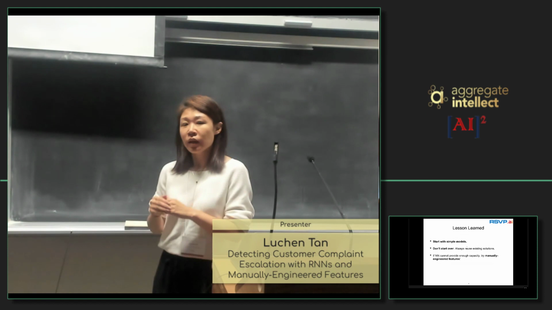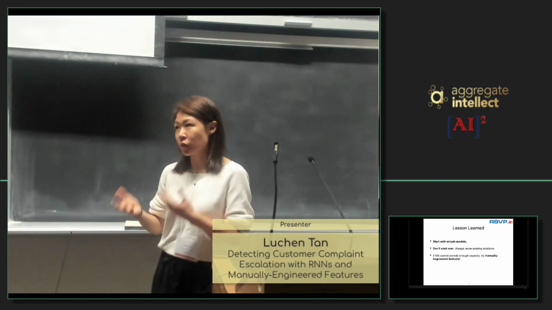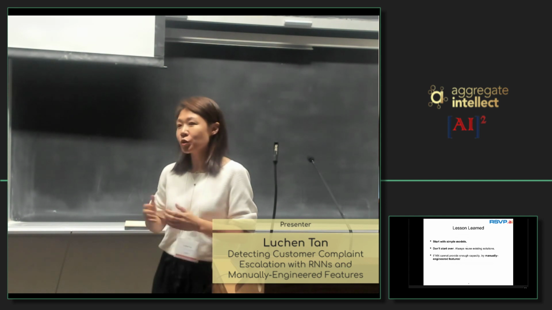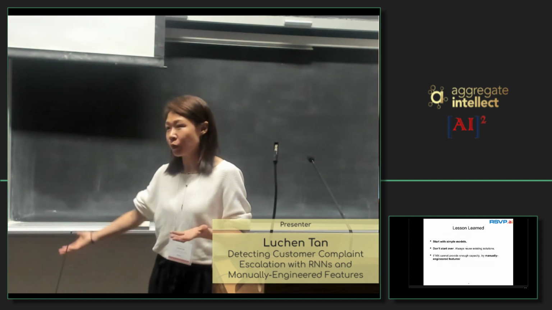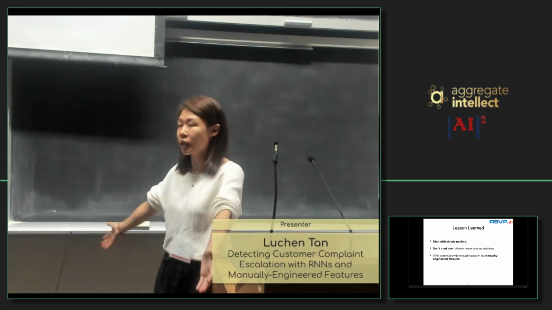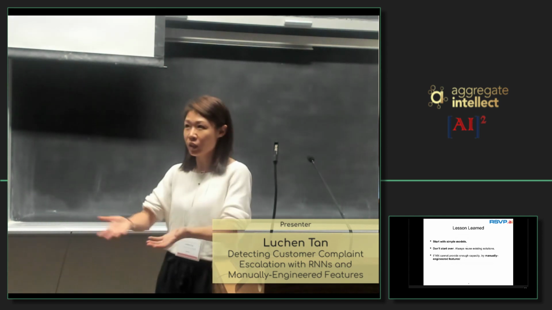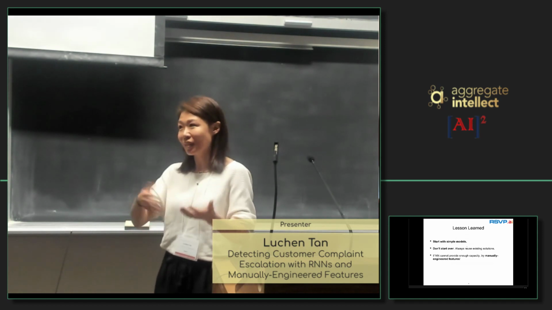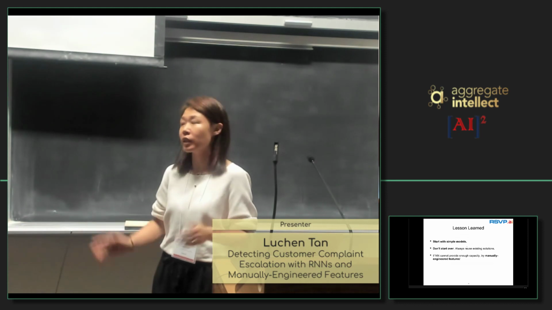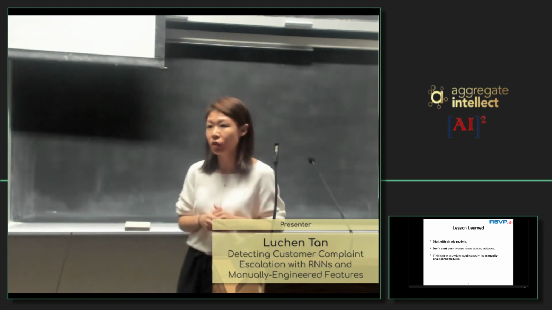The company doesn't really care about the precision. They want to cover as many cases as possible, so recall is the thing they really care about. They can afford to waste time treating some negative cases as long as they also solve the customer problems. So that's why we only use recall.